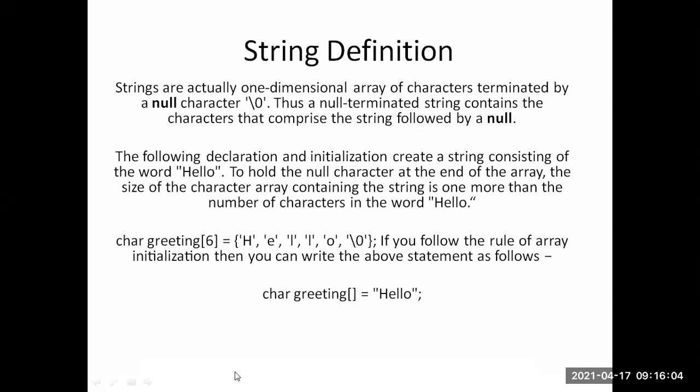Before starting strings, let us recall the different data types in C language. One data type is int, which we use for integer values. We take float for floating point values, and we use the character data type for initializing characters.